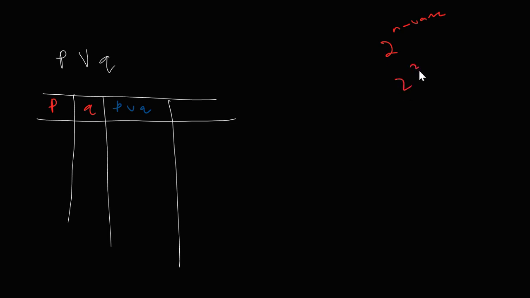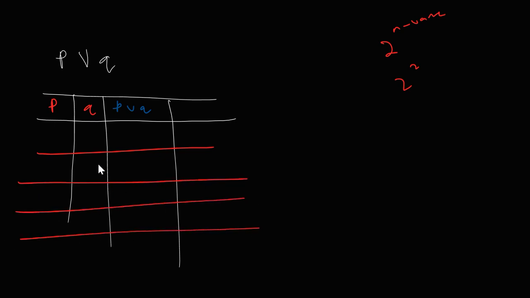So it's going to be 2 to the power 2, which is 4. So I'll have four rows down: a row, a row, a row, and a row, which is 1, 2, 3, 4, because there are 2 variables.